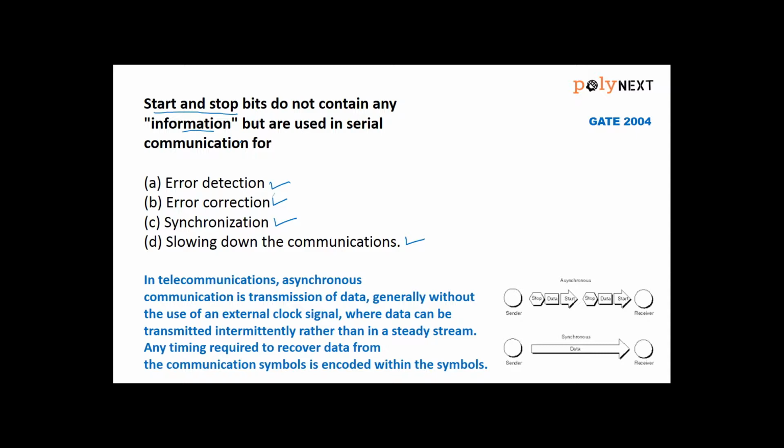In case of serial communication, or asynchronous communication, there only do I require the start and stop bits. You know that we have two types of communication: one is synchronous and another one is asynchronous.